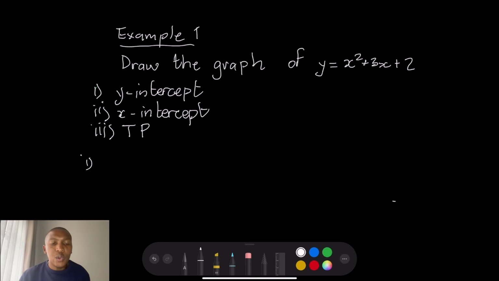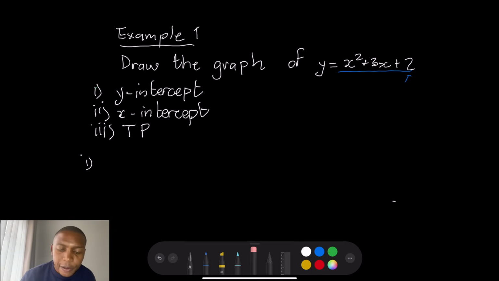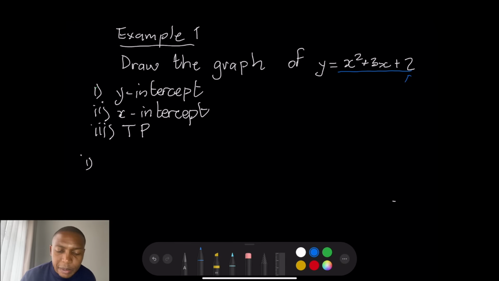Okay, right, so let's start with the first one. So let's look for the y-intercept. Now, if you remember what I said, if we are given the equation in this particular format, the advantage is that we would already immediately know what the y-intercept is. Where that comes from is that, remember what happens at the y-intercept. At the y-intercept, this is where x is equal to 0.